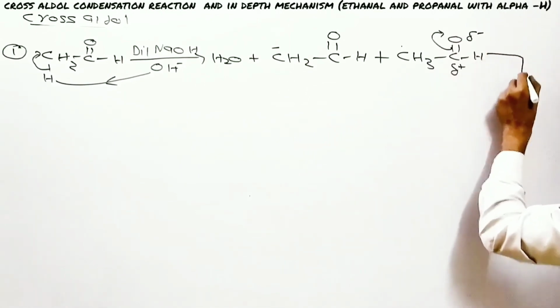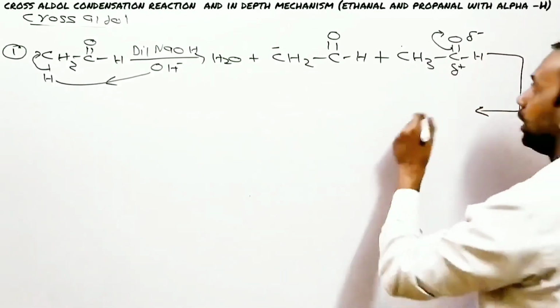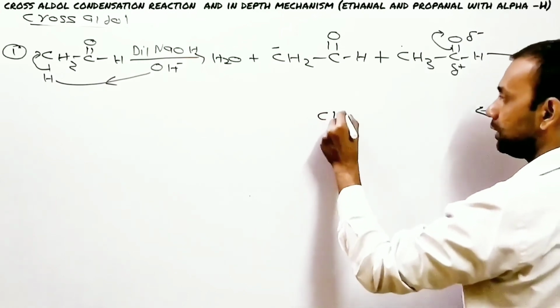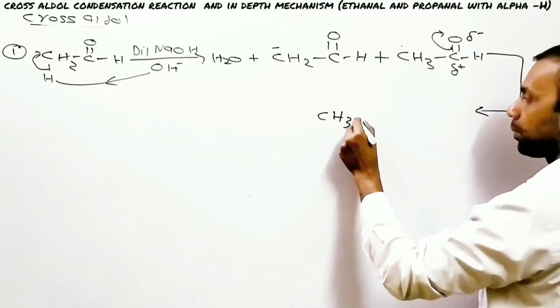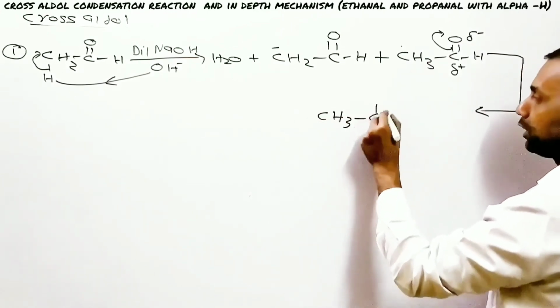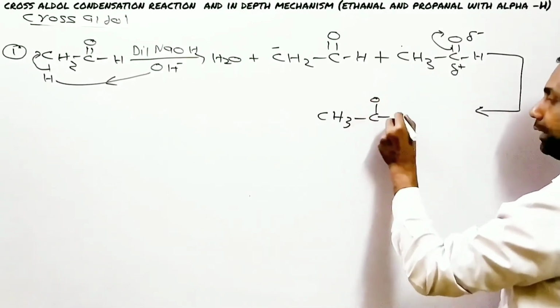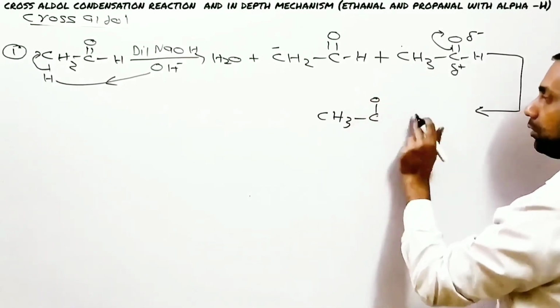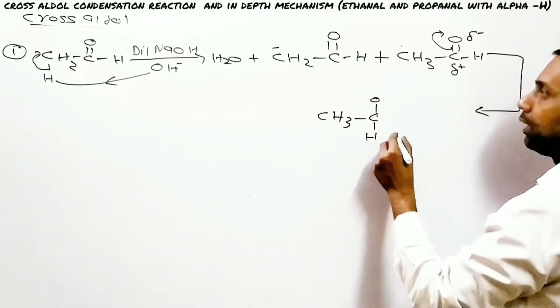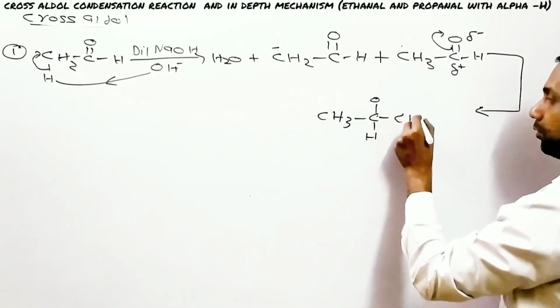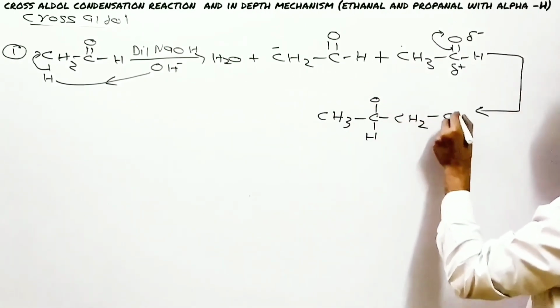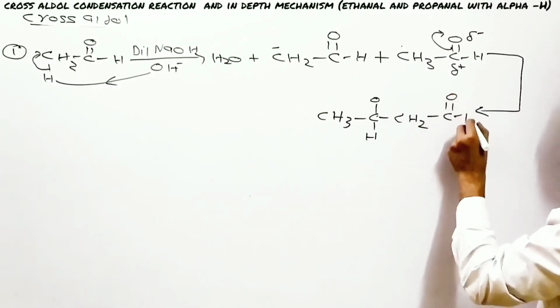You get a product, CH3, C single bond O with an H here, and that carbon is coming up here with C double bond O H.